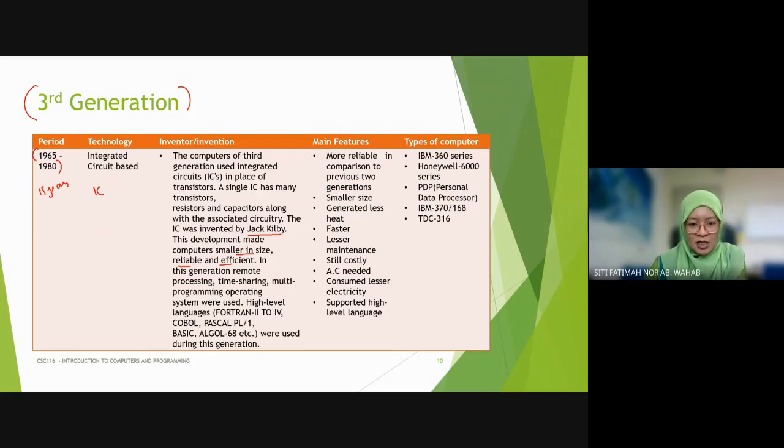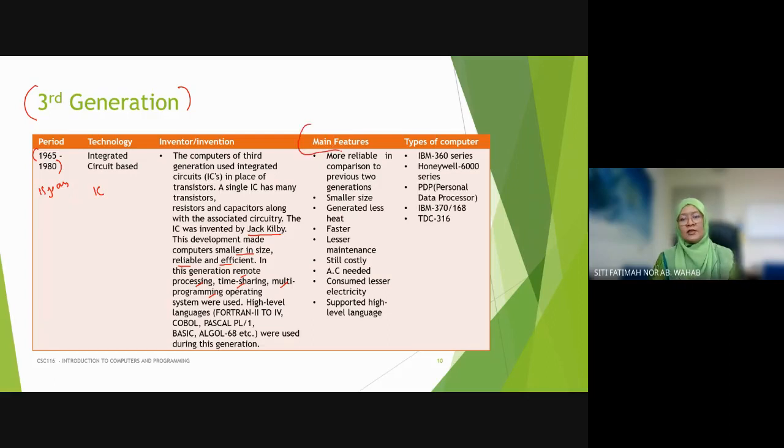So in this generation, remote processing, time sharing, and multi-programming operating systems were used. And then the language used is a high-level language. Examples are Fortran, COBOL, Pascal, BASIC, and ALGOL.